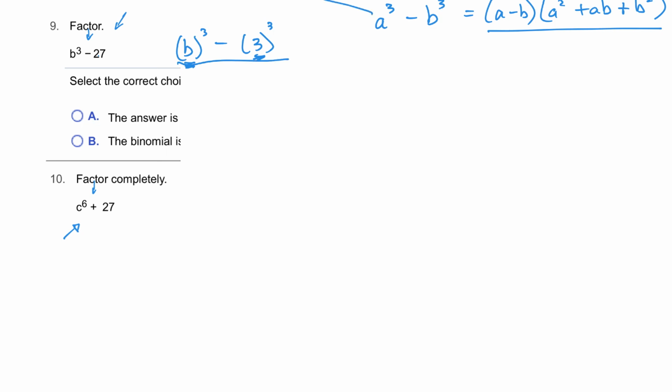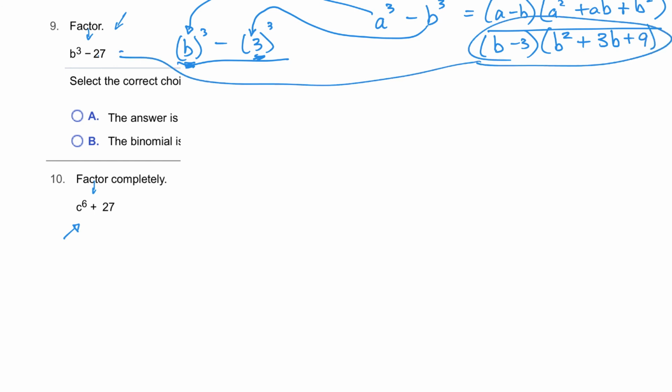So my a is going to be that b, and the b is going to be 3. So I just plug those in. So over here it'll be (b take away 3), and then (b squared plus b times 3, which would just be 3b, plus 3 squared would be 9). I could write 3 squared here, I'll just write 9. So that would be the factored form of that.